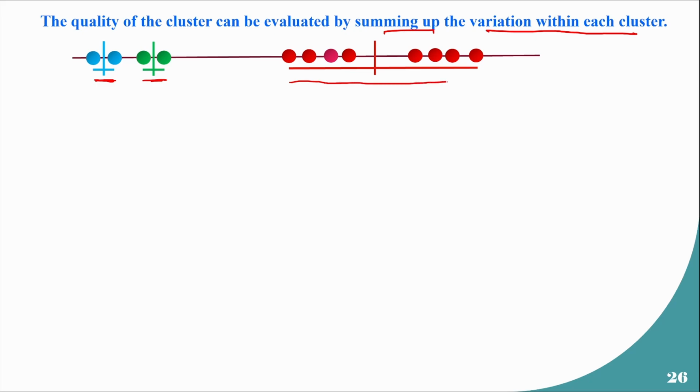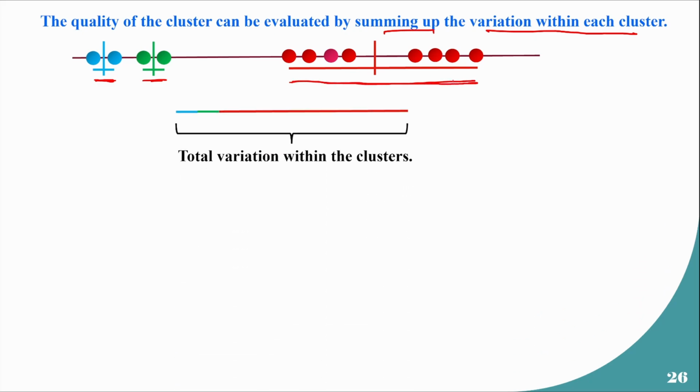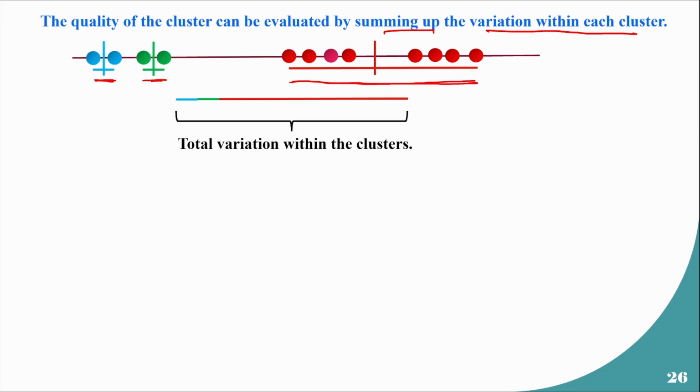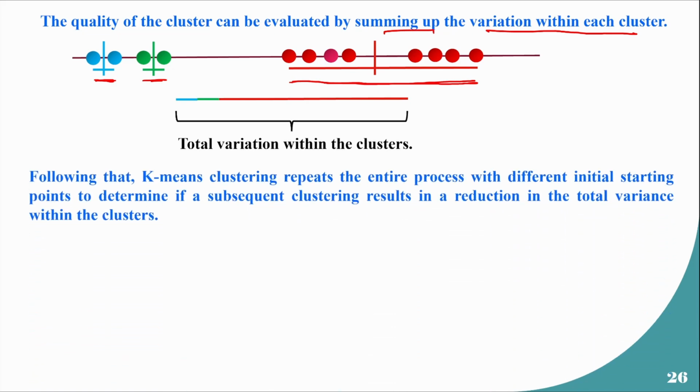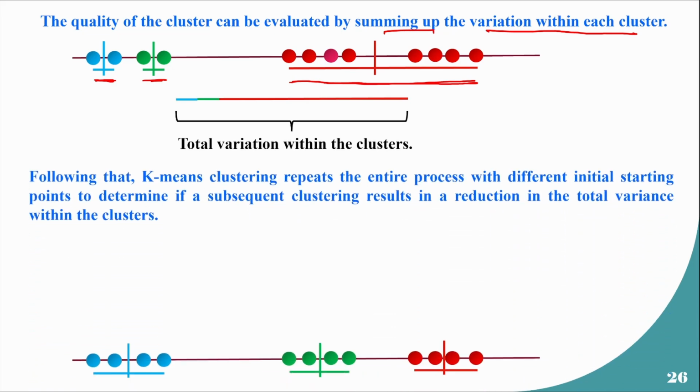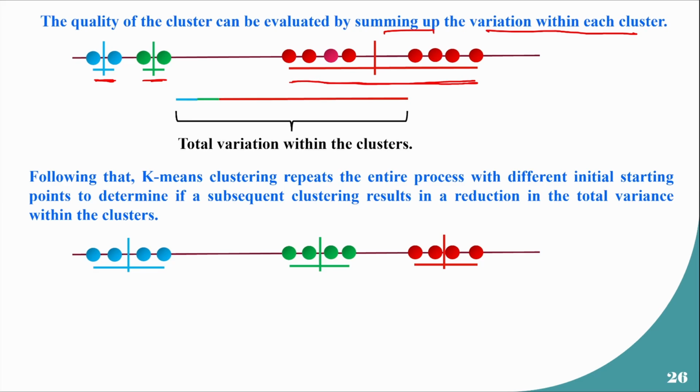These will be the variations within each cluster, right? If we add all of this up, the total length of those variations will represent the total variation within the clusters.